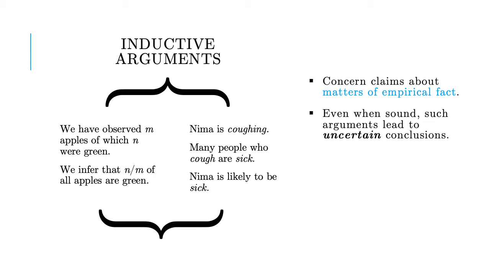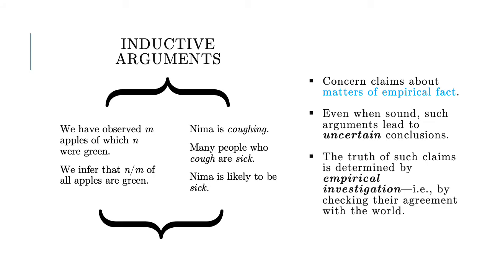Good. Now, the essential difference here is that the truth of such claims is determined by empirical investigation. That is, we don't find out what is the fraction of apples that are green by looking at our definitions, by looking at either the rules of arithmetic or by looking at the rules of how we define words in natural language or relate concepts, right?